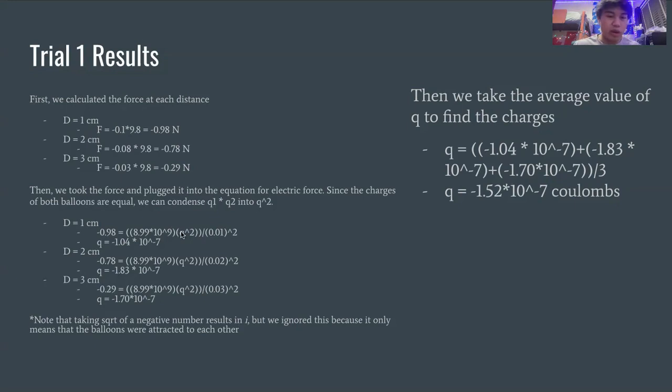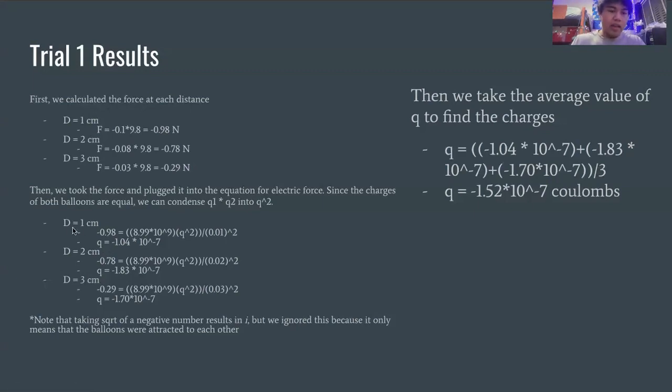And the reason we use q squared for this equation was because since we charged both balloons the same way, we assume that they have the same charge, and so we just condensed them into q squared.